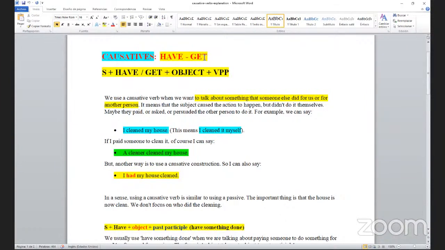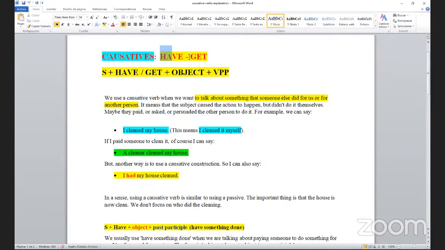Why? Because in reflexive pronouns, do you remember what they are? For example, myself, yourself, right? So what is the difference? When we use reflexive pronouns, we are talking about actions that somebody does to himself or herself, oneself, right? But in this case, it is the opposite.